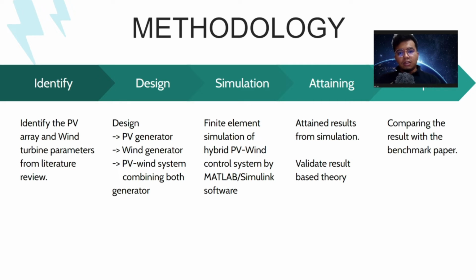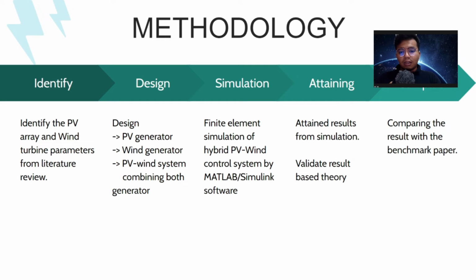For the methodology in my FYP, first I identify the PV array and wind turbine parameters from the literature review. Second, I design the PV generator, wind generator, and PV wind generator, which I design both in the same system, combining both generators to create a hybrid PV wind generator in Matlab Simulink.